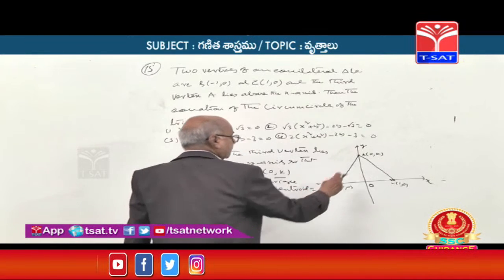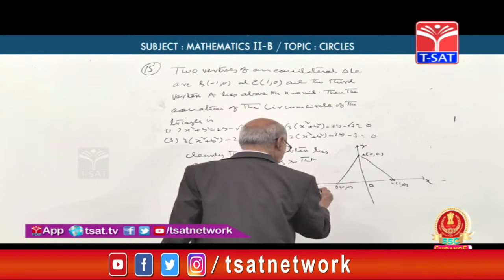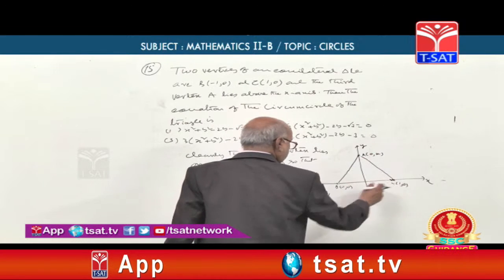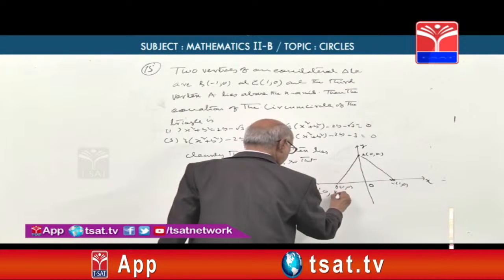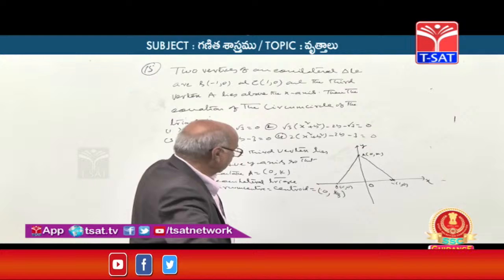So, that is what you get: 0 plus minus 1 plus 1 by 3, and k plus 0 plus 0 by 3 itself, right.